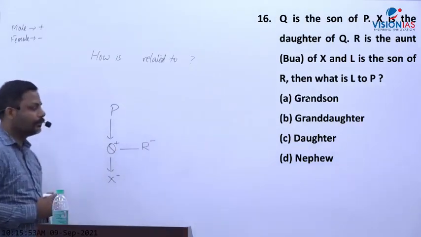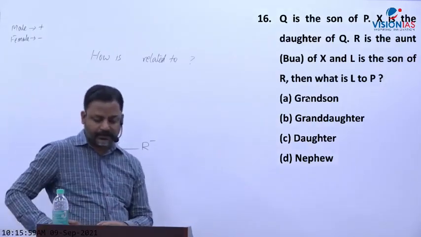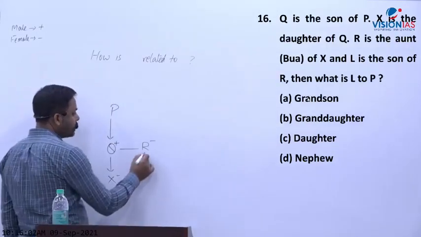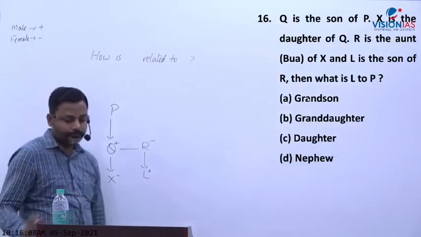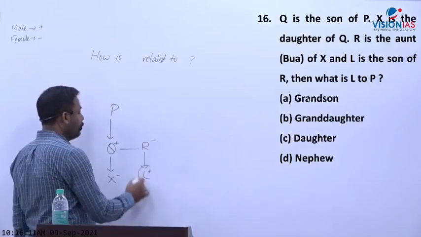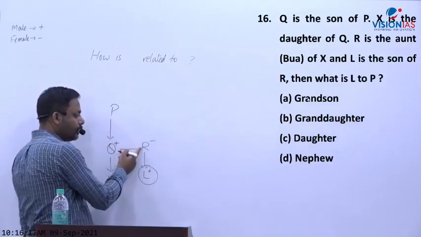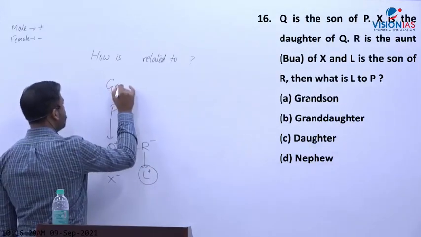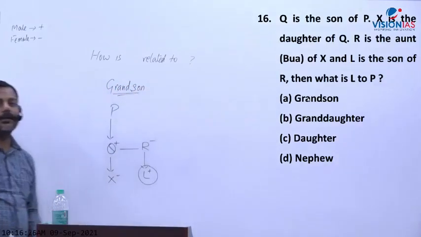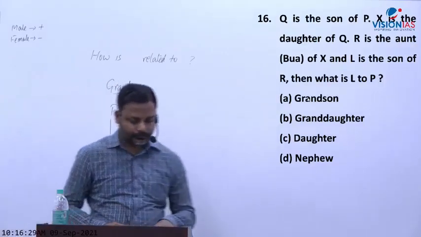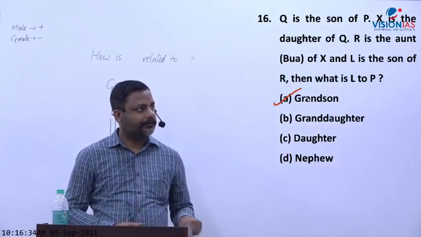And L is the son of R. Then what is L to P? So it is daughter's son. P's daughter and the daughter's son. Daughter's son is what? Grandson. So the answer to this question is grandson.